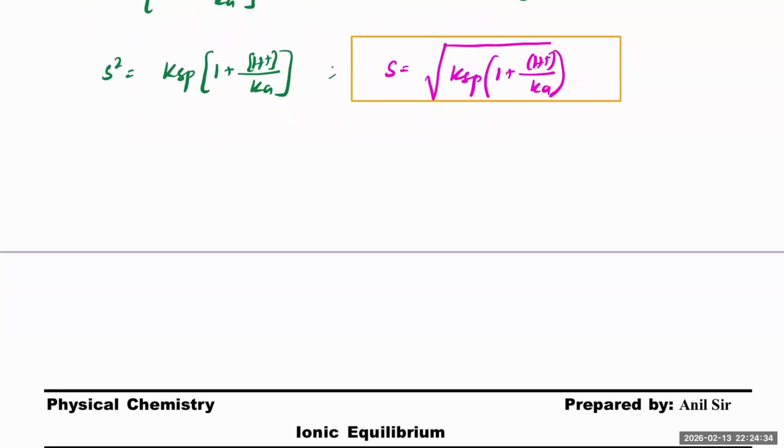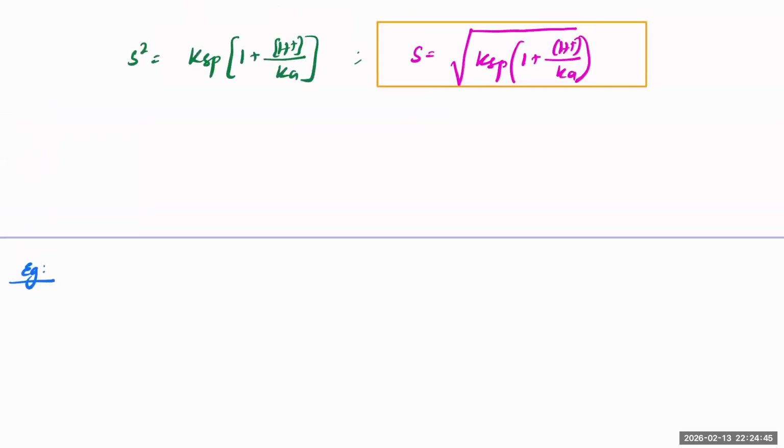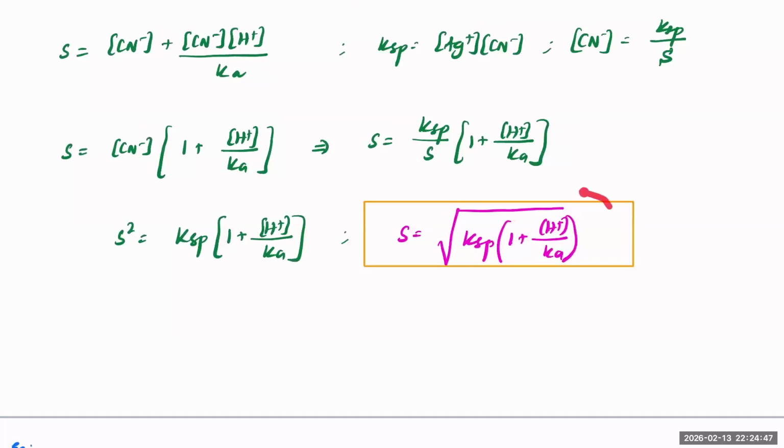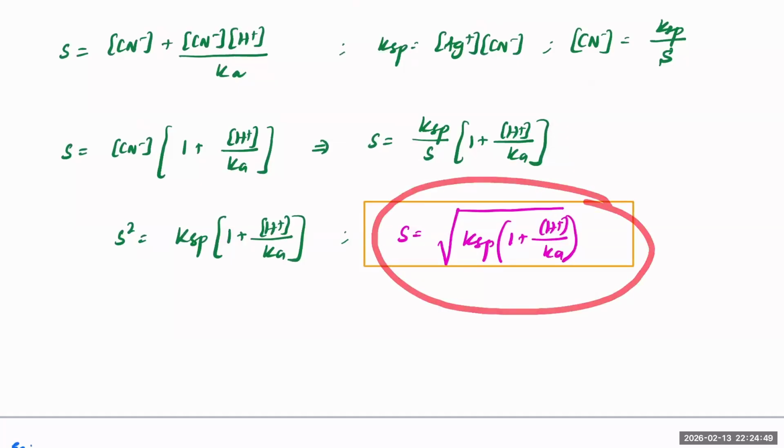Right. So the last thing we need to know from here is, in case this kind of example is given for buffer cases, how do we solve it? Or instead of buffer, the idea will be very similar, but this time it is given as complexation. So let me show you complexation cases.